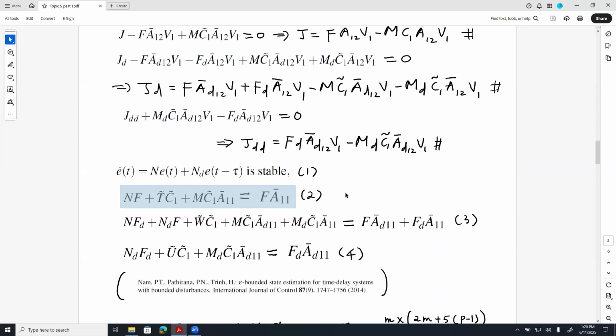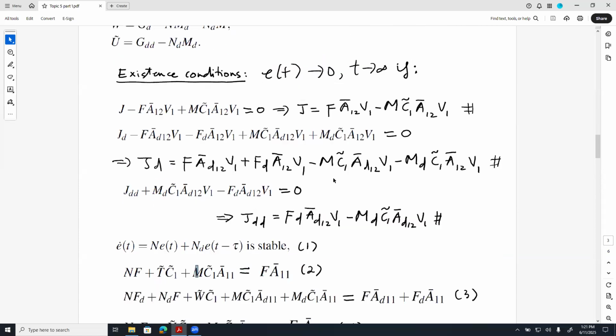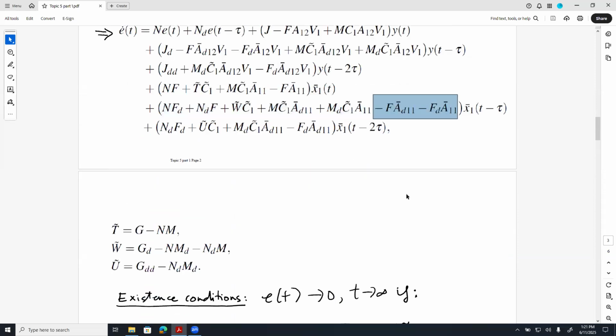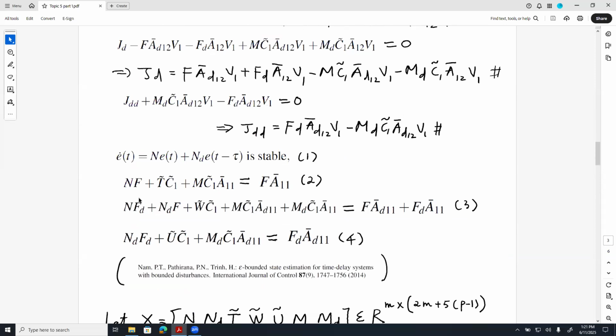Now in this matrix equation, we know f, we know I bar 1, we know c tilde 1, and f. So out of this matrix equation, we don't know the matrix N, the matrix T tilde, and M. And the same thing applies to the other matrix equation. If we make the addition of those two terms equal to zero, then we have this equation here also.